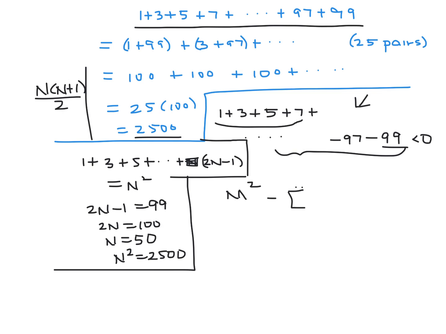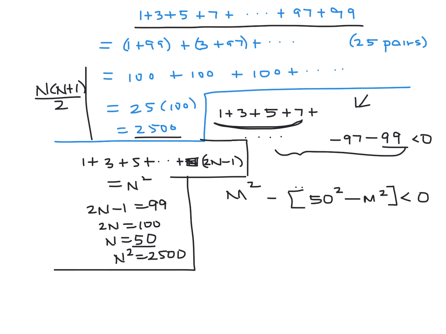In this case, it would be 50 squared minus the m squared, because again, you have to subtract this, and that's less than 0.